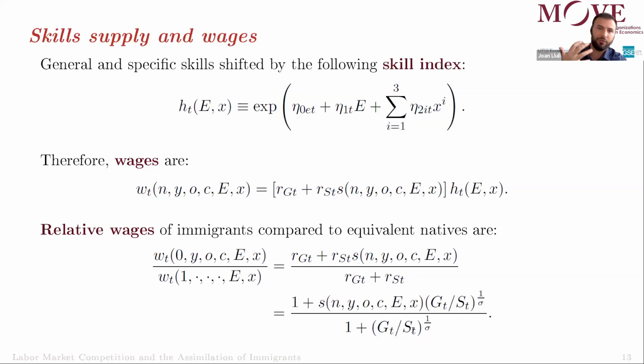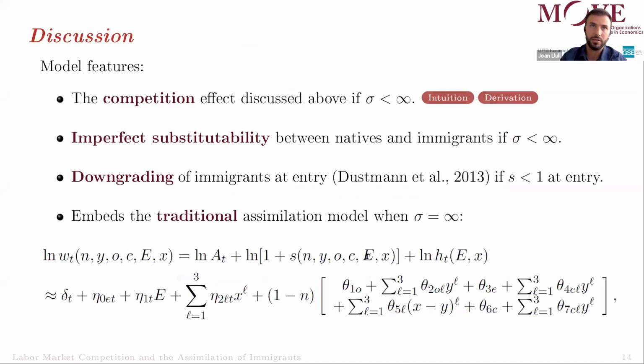Now you can see that, for example, if S is equal to 1, then this ratio is 1. So if S is equal to 1, then immigrants are the same as natives, so wages are totally converged. If sigma is infinite, then this ratio is also equal to 1. So then there is only a mapping between S and relative wages that doesn't change with the inflow of the immigrants. So those are essentially how the different mechanisms operate.